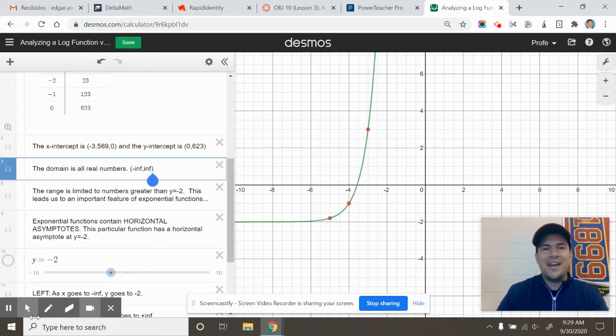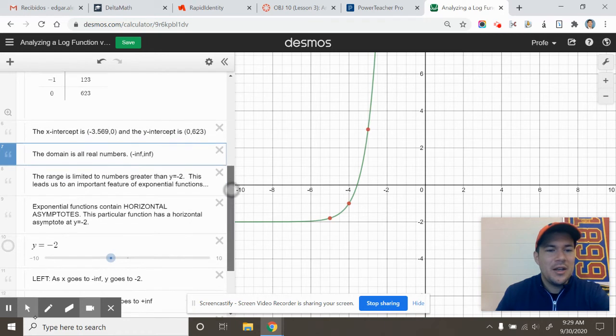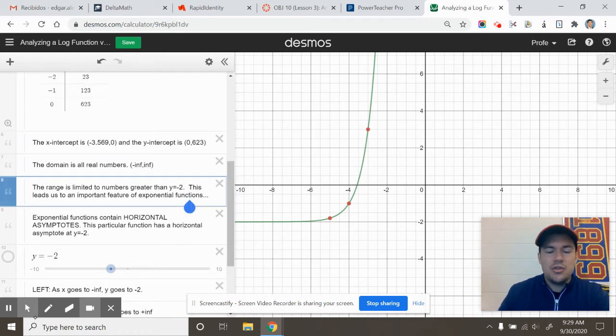Okay, the domain of any exponential function is negative infinity to positive infinity. All right, that is always true. Keep that in mind when we look at logs. All right, the range though is limited. If you pay attention to the range, you will not get a y value that is less than -2. In other words, this whole function is from -2 up.